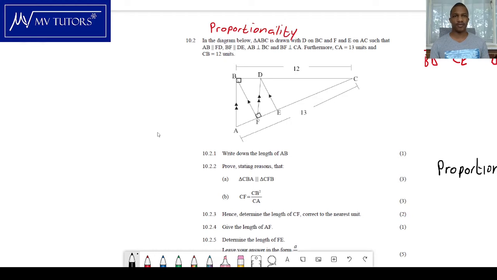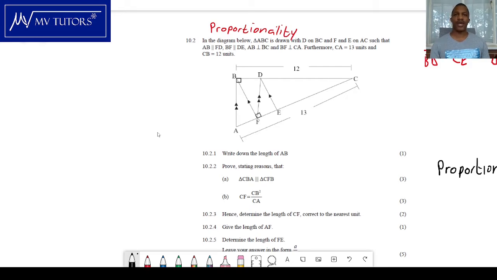Oh, there's D. And F and E on AC. F and E, I see them, such that AB is parallel to FD. Okay, I see them. And then BF is parallel to DE. Okay, thank you.